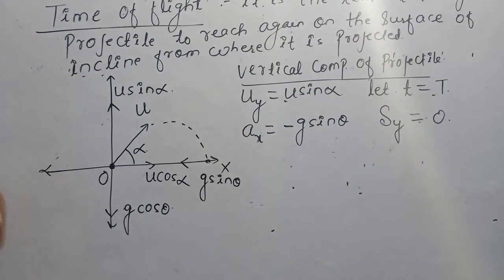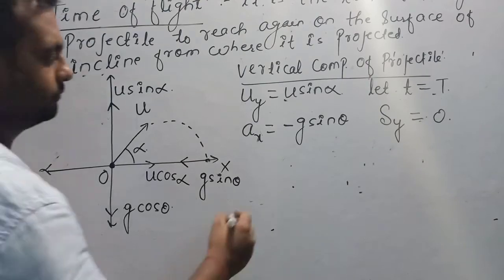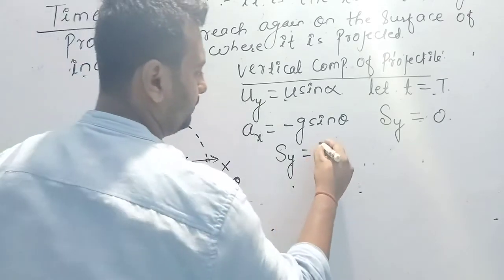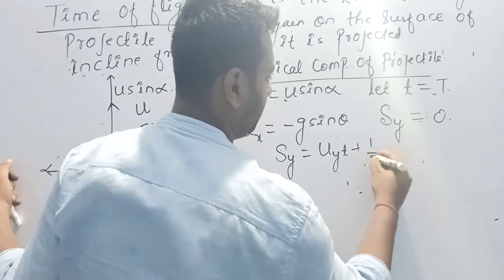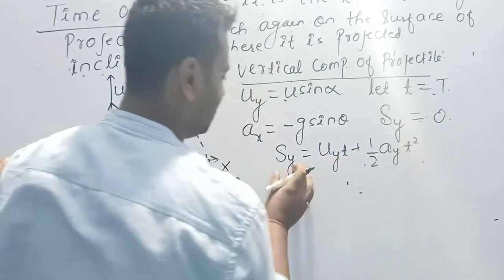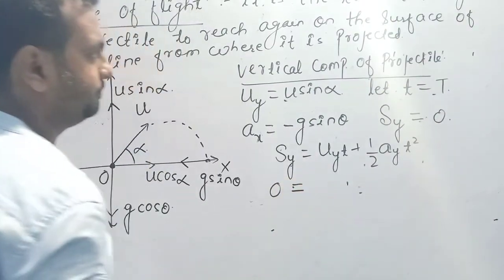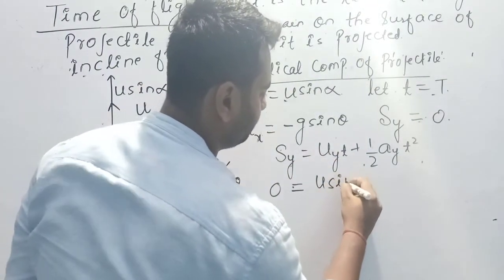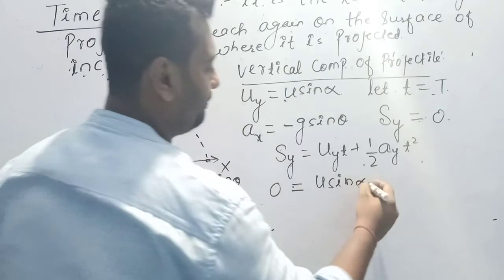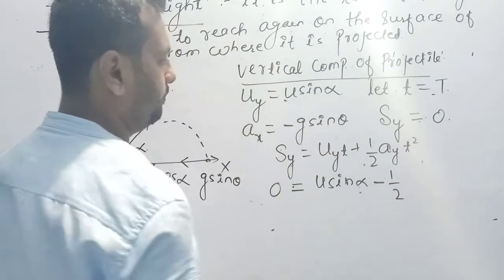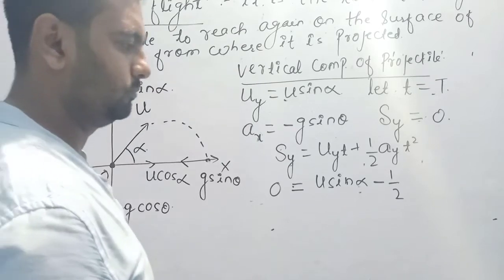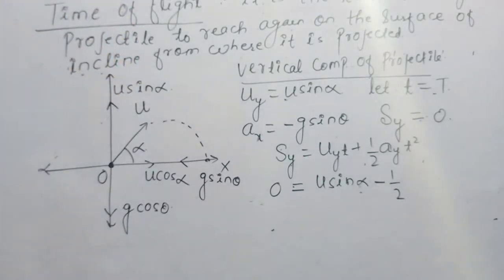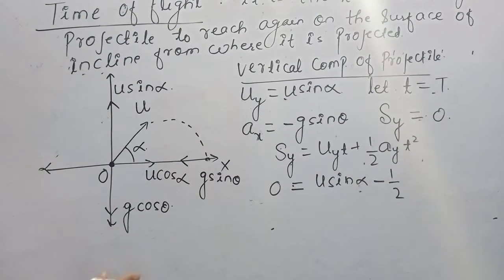Now we will put in all the values. From the second equation of motion, ut plus half a t squared, this is 0, then we will get u y, that is u sin alpha, plus half a t squared. Sorry, there is a mistake here.